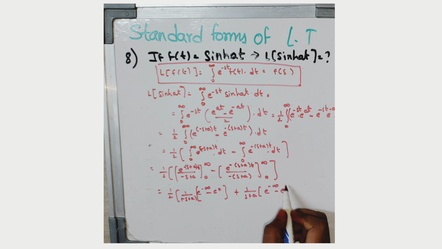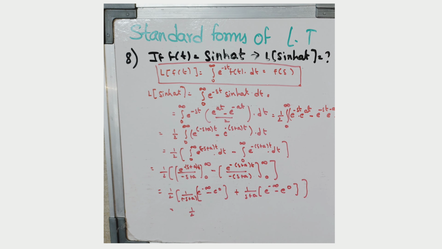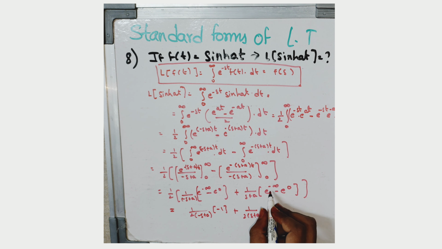In place of t you have to substitute the lower limit, which is 0. e power minus infinity is 0 and e power 0 is 1. So 1 by 2 into minus 1 by s minus a into, this is 0 and this is minus 1, plus 1 by 2 into 1 by s plus a, this is e power minus infinity 0 and this is e power 0 is 1, right?